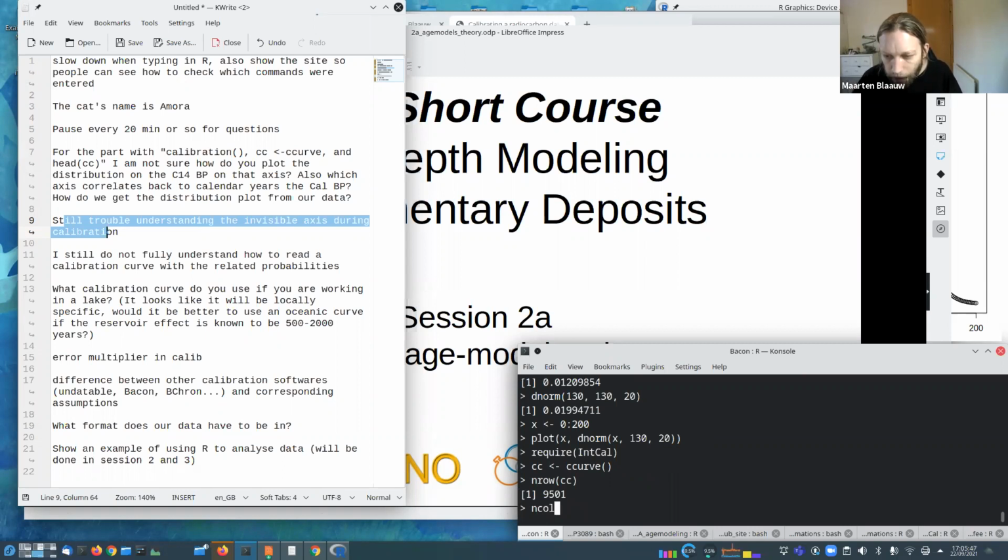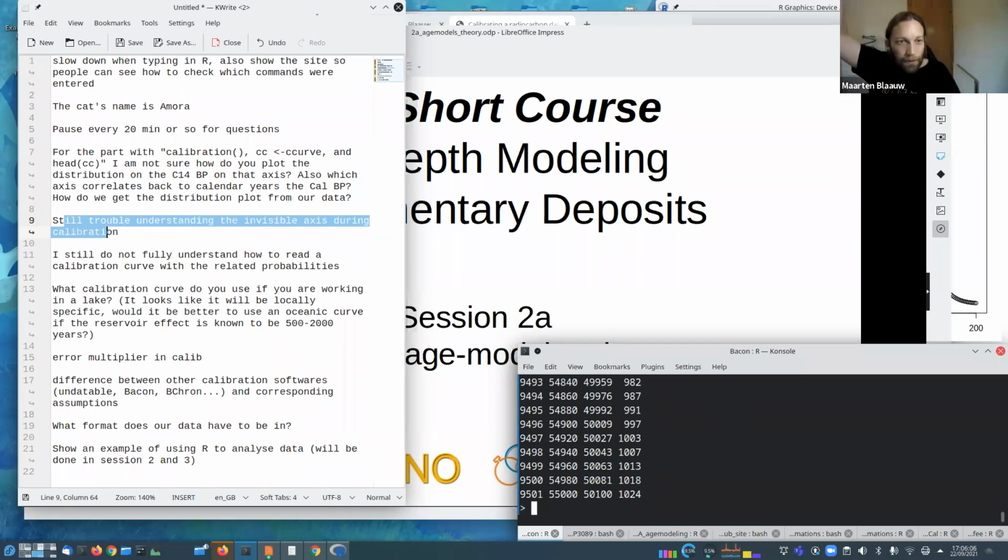And the number of columns, ncol(CC), is 3. If you just want to see what this whole curve looks like, we can type CC, and then we get a whole lot of numbers, but there are so many that we can't really see them well, of course, as there are 9,501 rows.